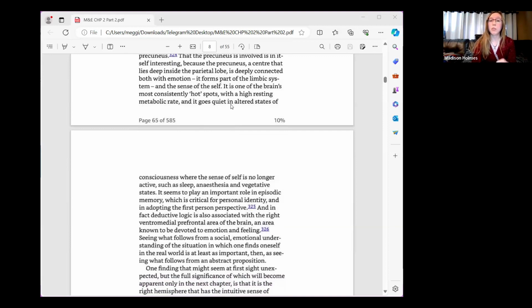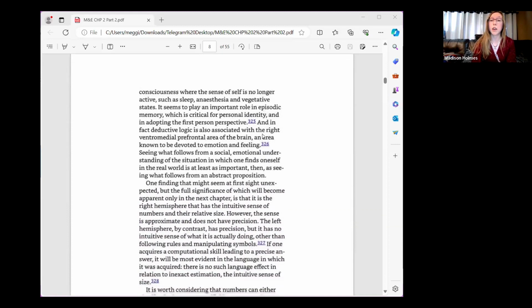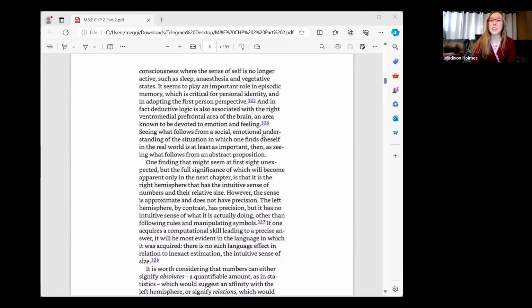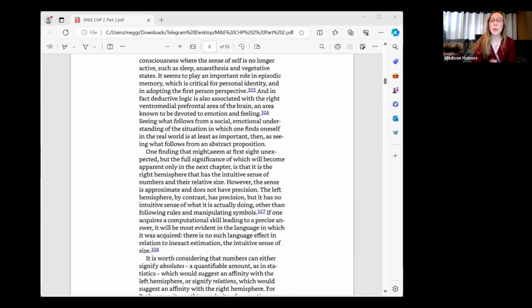It is one of the brain's most consistently hot spots with a high resting metabolic rate, and it goes quiet in altered states of consciousness where the sense of self is no longer active, such as sleep, anesthesia, and vegetative states. It seems to play an important role in episodic memory, which is critical for personal identity and in adopting the first-person perspective.